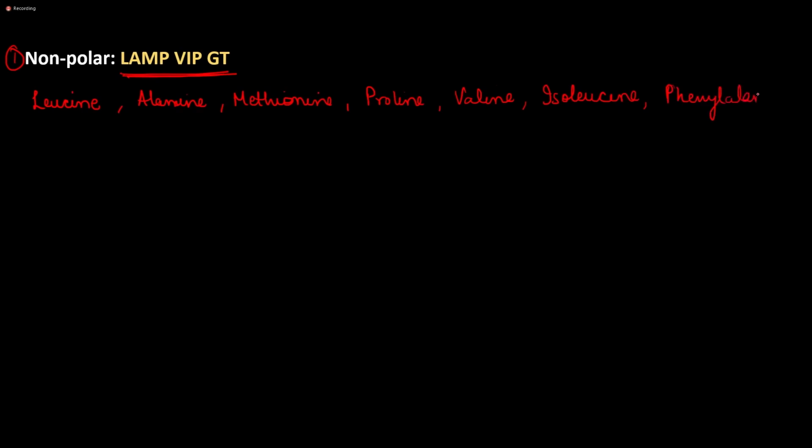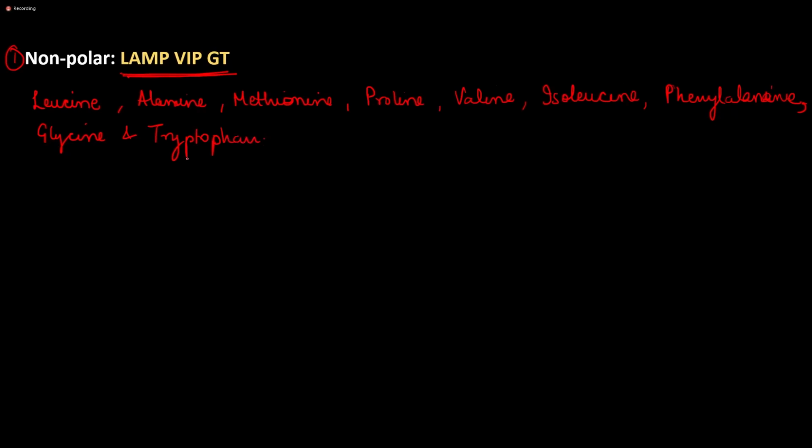L stands for leucine, A stands for alanine, M stands for methionine, P stands for proline, V stands for valine, I stands for isoleucine, P stands for phenylalanine, and lastly, G stands for glycine, and T stands for tryptophan. So these are non-polar amino acids.